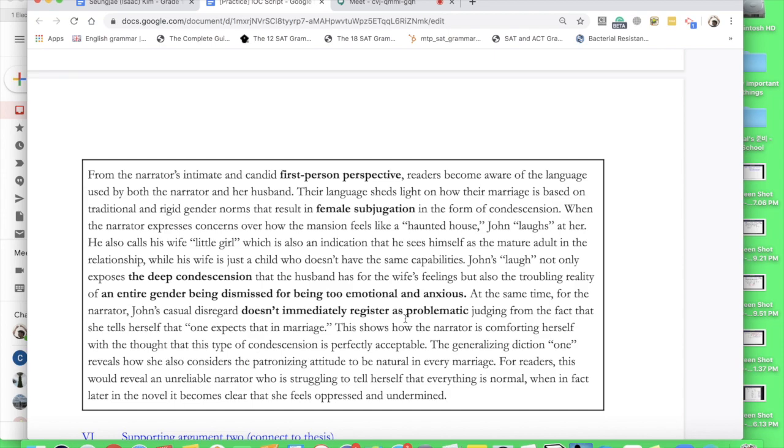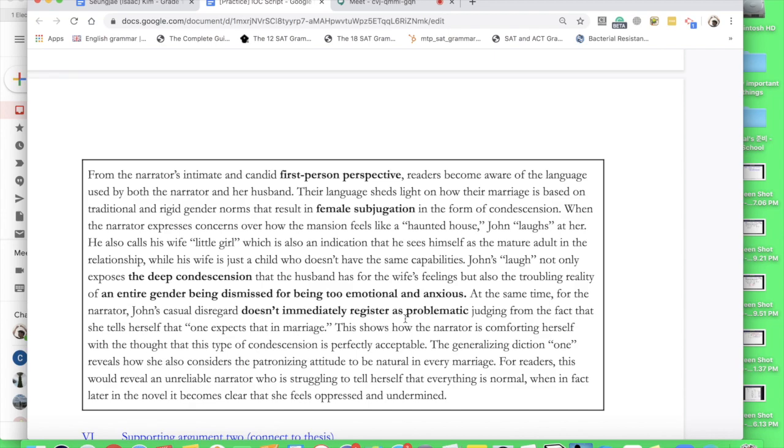John's laugh also exposes the very deep condescension that the husband has for the wife's feelings, but it also reveals the troubling reality of an entire gender being dismissed for being too emotional and anxious, which is what the laugh represents.